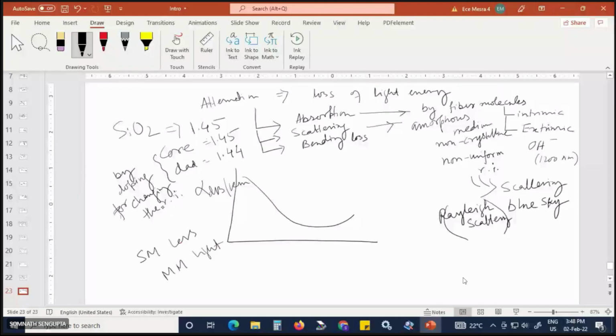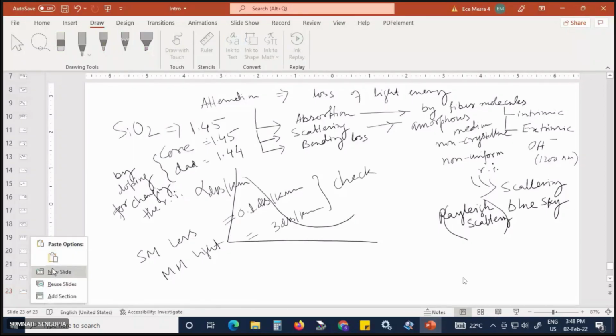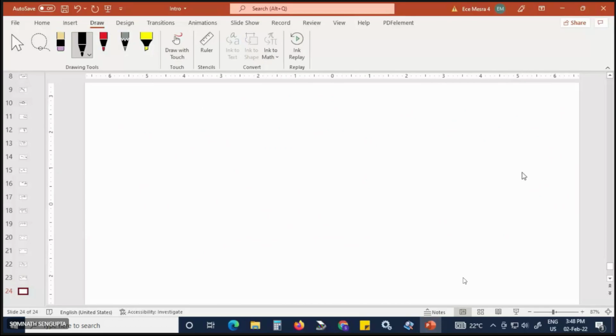I think it is 0.1 dB per kilometer in this range for glass fiber, and for multi-mode fiber it is slightly higher, 3 dB or more than that. You have to check what the value is. So we will calculate it using some basic experiments.